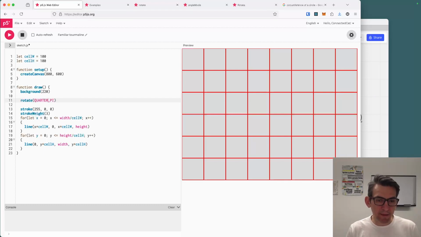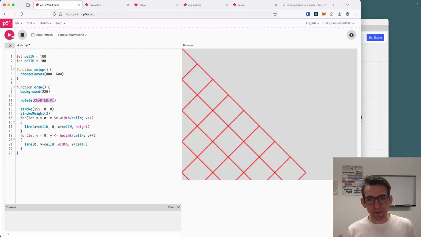If you type it like this in all capitals, you'll see it goes pink, so it's one of those numbers that's already provided for you. Just like width inherits from this number, and height will inherit from this number. Quarter pi will already be a number that exists in the system, and it will give you a certain amount of rotation. So if you run it like this, let's see what happens.